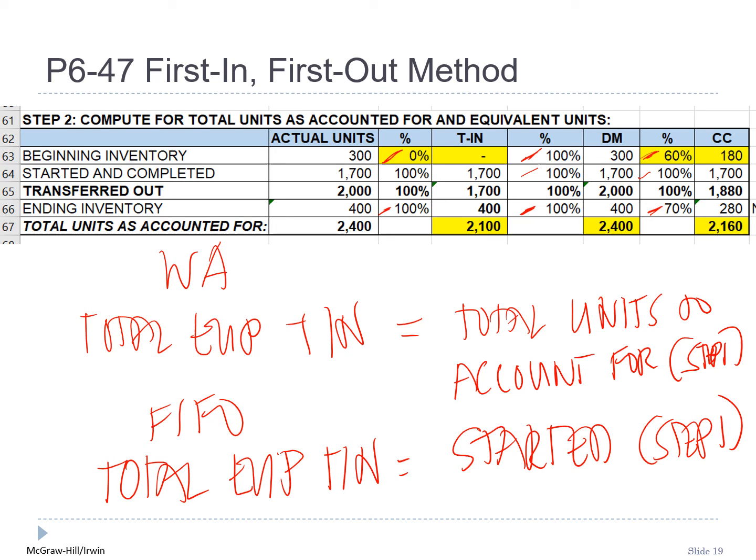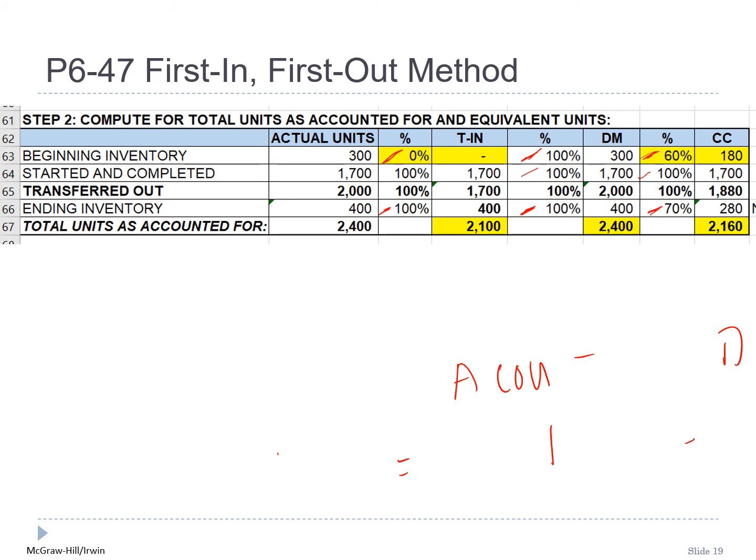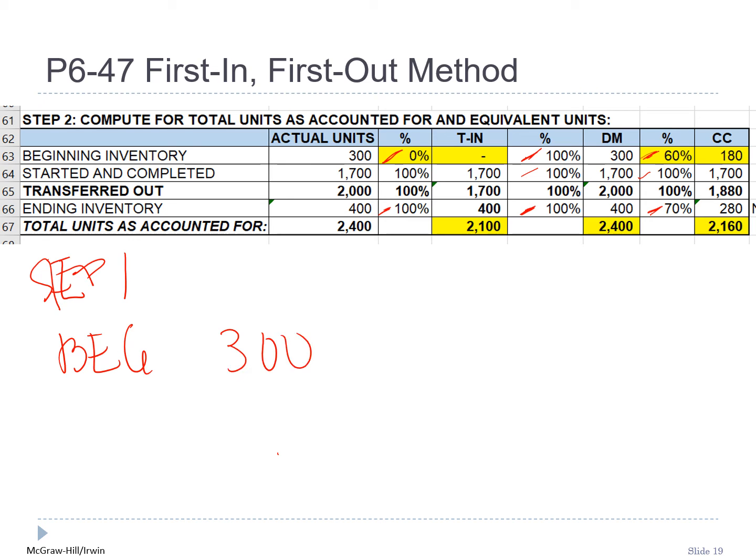Ayan. So, pag tinignan natin, burahin ko lang to. Balikan ko lang yung ginawa natin dun sa step 1. Diba? Sa step 1, step 2 na kasi ito eh. Step 1, so meron tayong beginning na 300, tapos meron tayong transferred in na or started na 2,1. Kaya ang total dito 2,4.